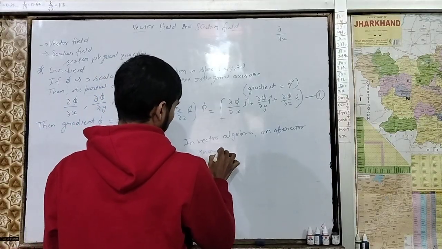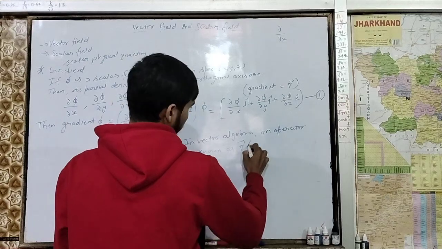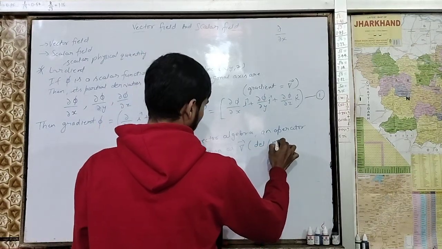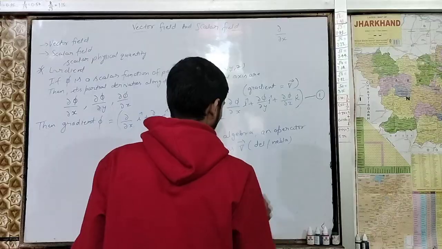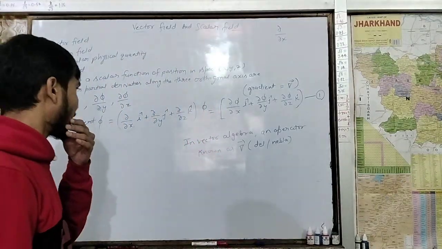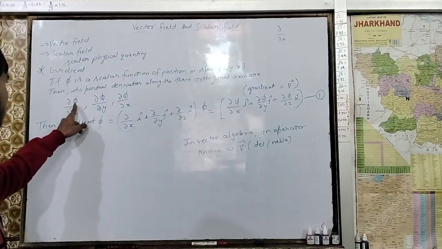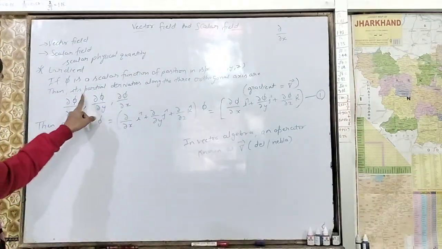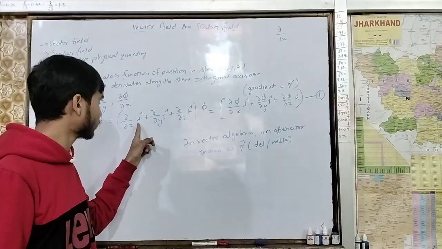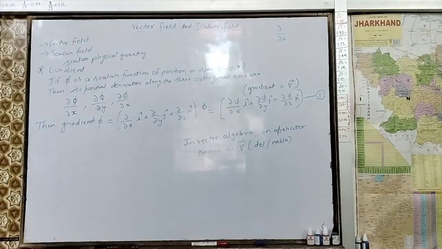Now this is a del vector, which is nothing but del or nabla. We will talk about the Laplacian operator later. Right now, just understand the del operator is nothing but this. Just remove this phi, then you will get the del operator, but you will have to add positive signs with i cap, j cap, k cap.